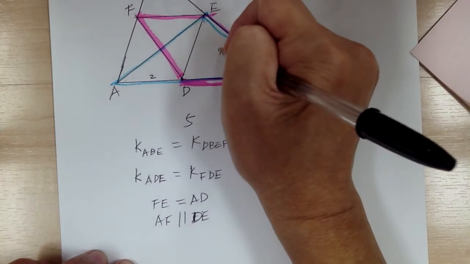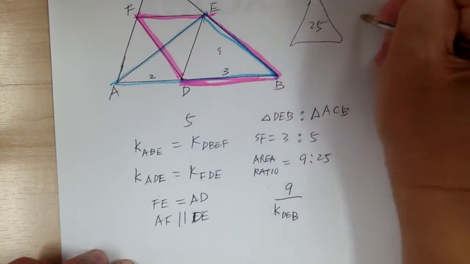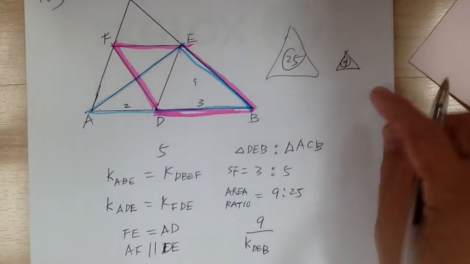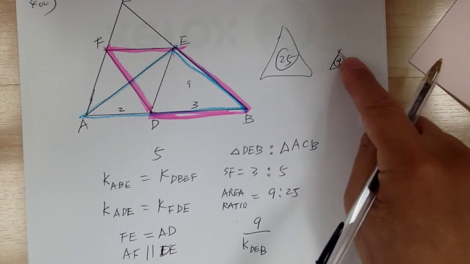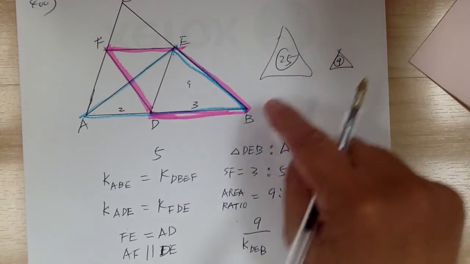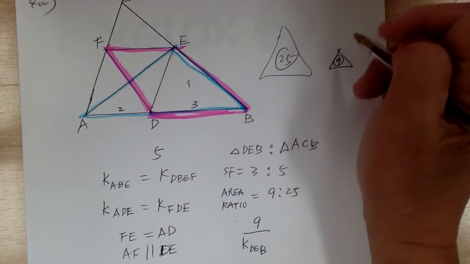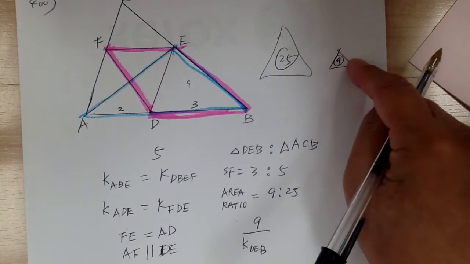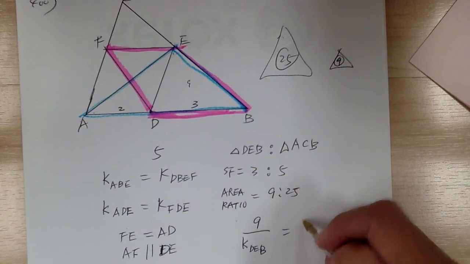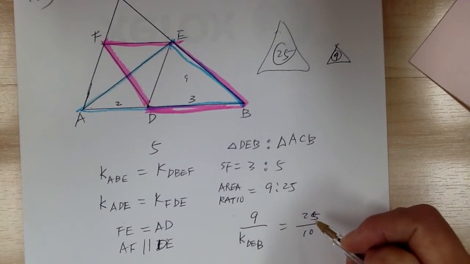So basically what you do is you draw the big square like 25 and the small one is 9. So 9 over DEB, because you don't know what the actual area is, will equal to 25 over 10.